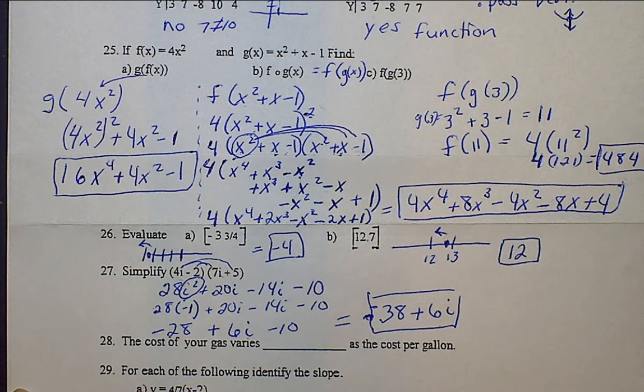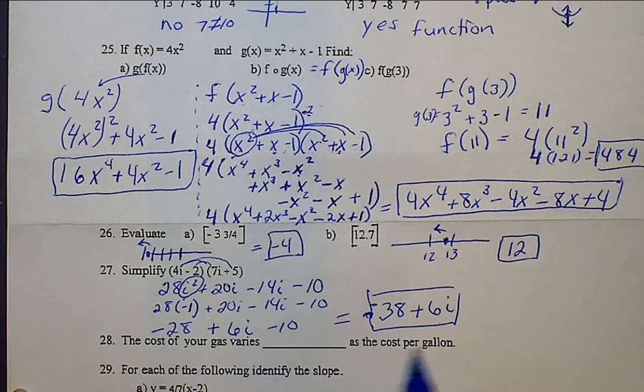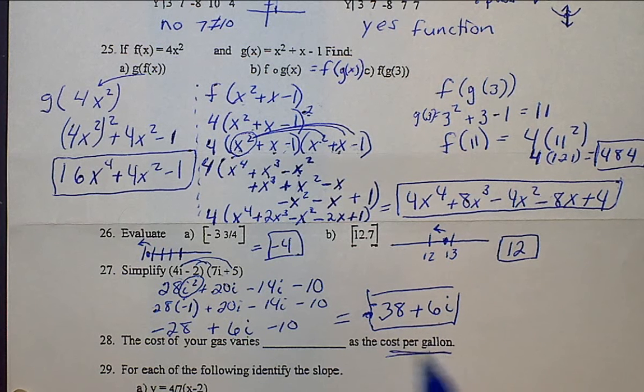The cost of gas varies blank as the cost per gallon. So if we increase the cost per gallon, my cost that I have to pay at the pump would go up every time. If it increases, so does my cost. So that means that it's directly.